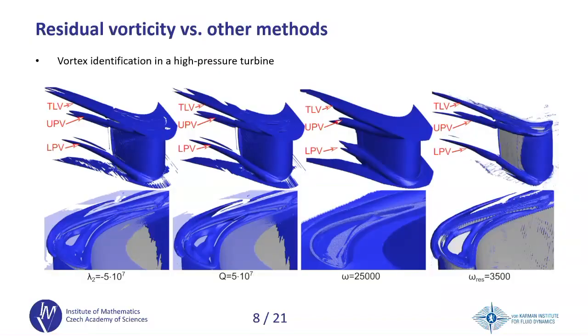For all the other 3 criteria, you have this isosurface also along the walls, so on the blade, and along the upper casing of the machine. And with residual vorticity, we obtain a much clearer picture.